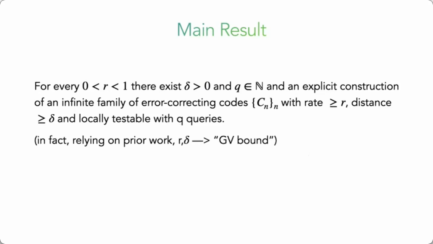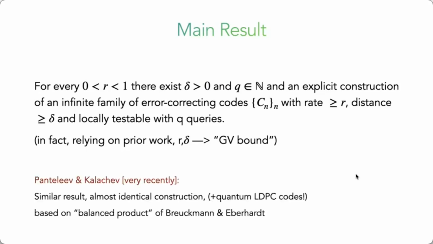And in fact, relying on some prior work, you can get the trade-off between the rate and the distance to approach the best known error correcting codes. So you don't even need to lose theoretically in the parameters at all, while you still get this local testability, which is kind of surprising. We thought that local testability requires much more redundancy, but somehow you don't need that. So that's the main result.